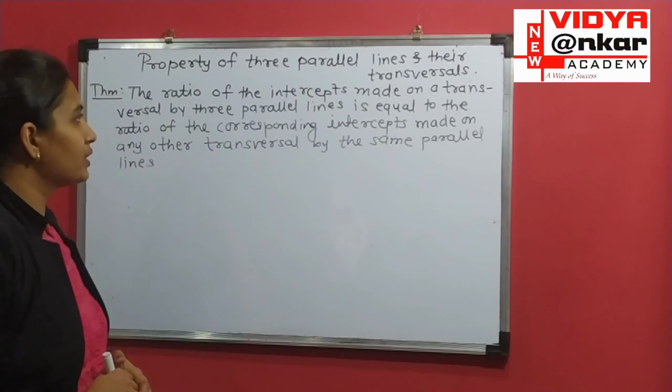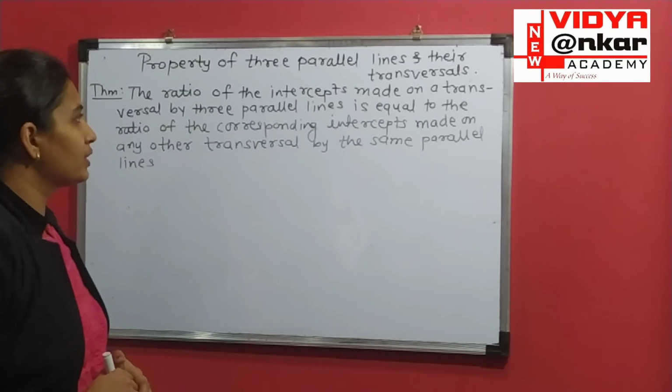First of all students, we will study about parallel lines. Parallel lines are lines which are coplanar and never intersect each other at any point. And a transversal means a line which intersects the parallel lines at distinct points.